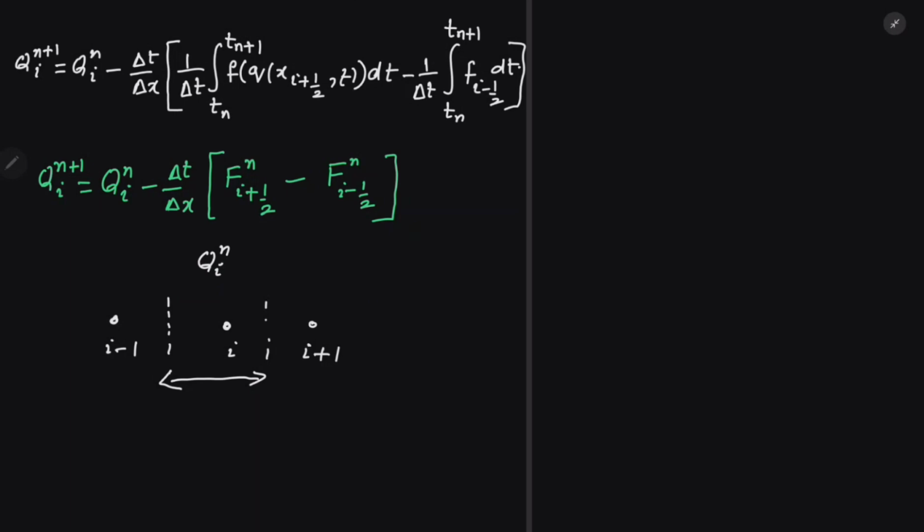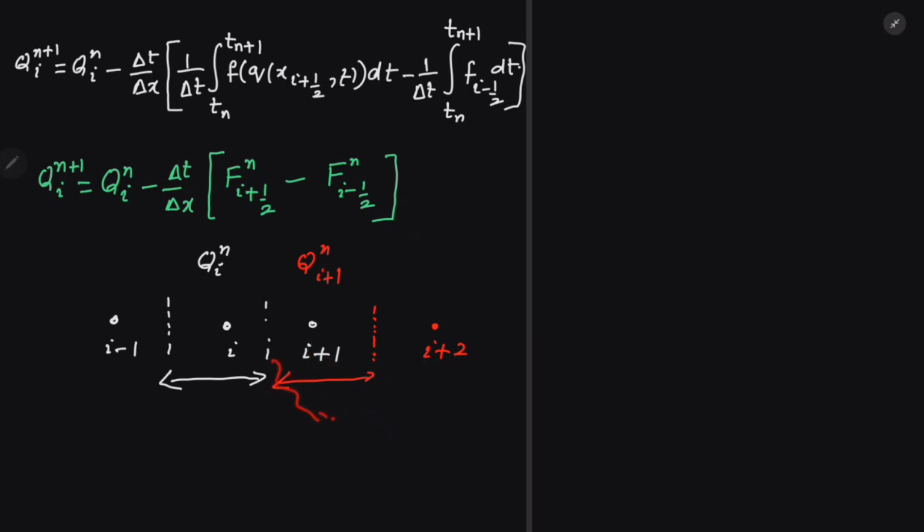Over the next volume, for example, this is the middle of two grid points, this is another cell, and that is Qni plus 1. So if we calculate flux over here, yes, this is I plus 1/2.